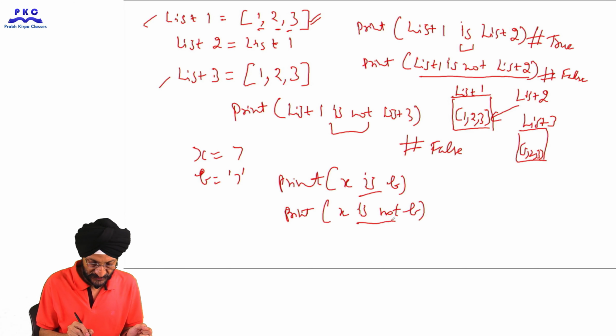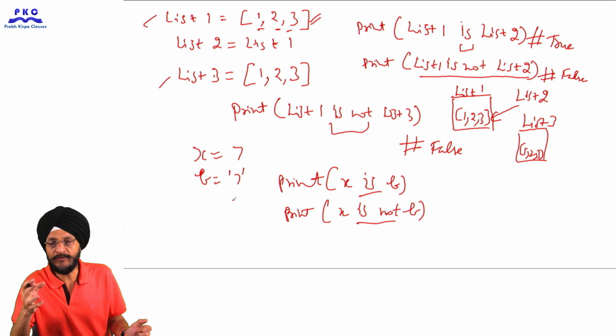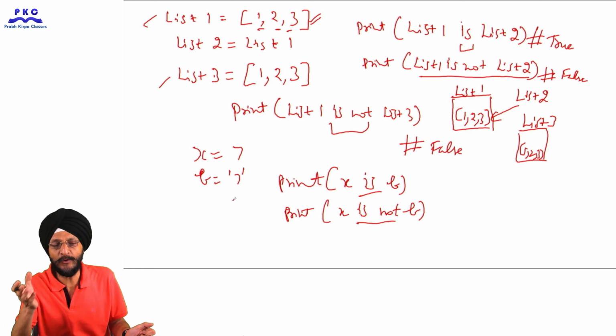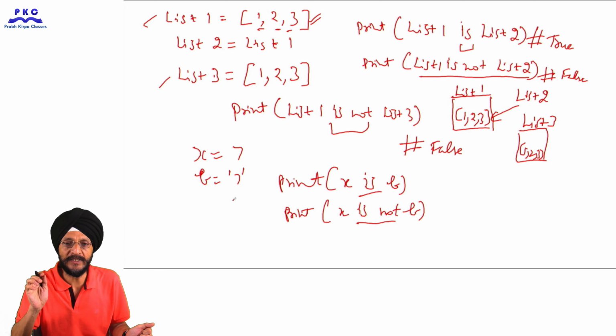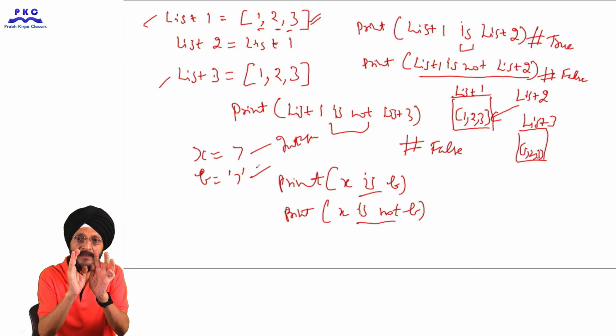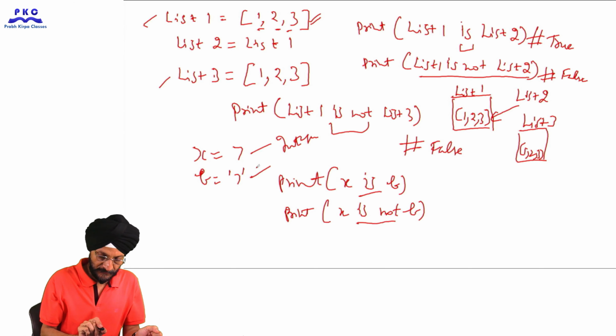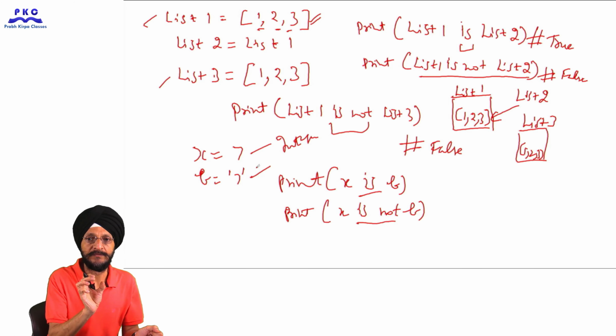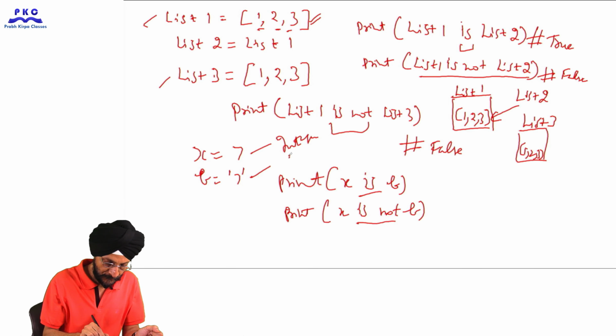On a casual approach, we will find that the value is the same, 7 and 7, but it is not the same. Here 7 is an integer, but the other is in single quotes and it is a string.